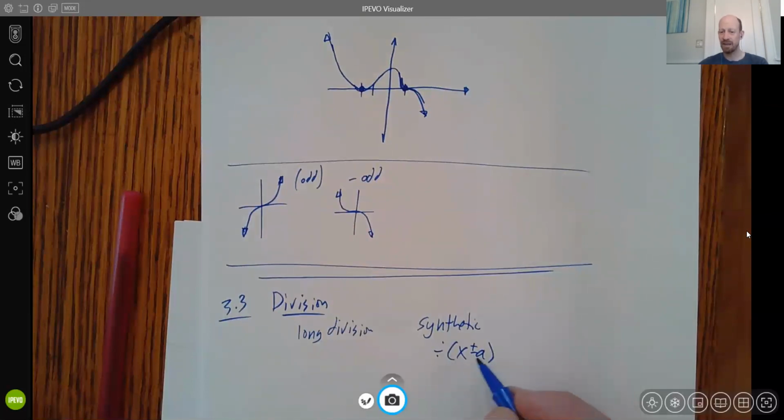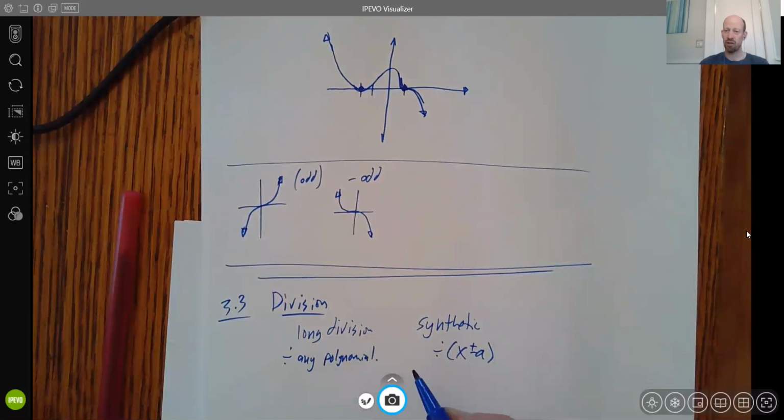That's mostly what we do, and it's quicker and shorter. With long division, you can divide by any polynomial, but it takes longer and is more work. So it is very useful for us to know both of these techniques.